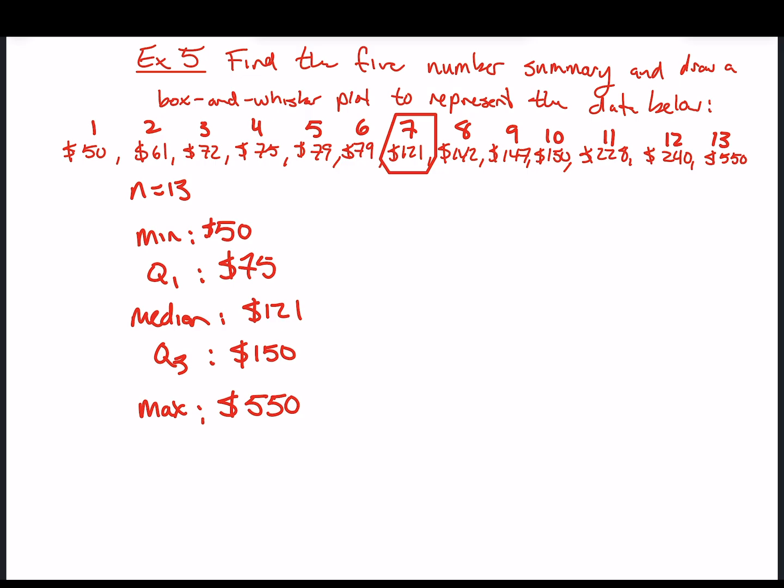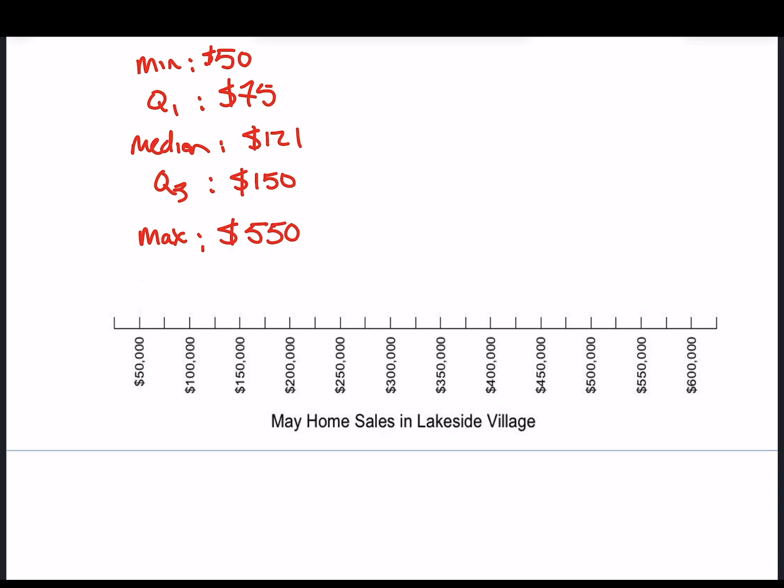Now that we have our 5-number summary, let's put it on a plot. Okay, so here is our number line with values in the thousands. So our minimum is 50,000 or 50. So we want to put our first bar there. And then our Q1 is 75, which we'll put a line between those two.